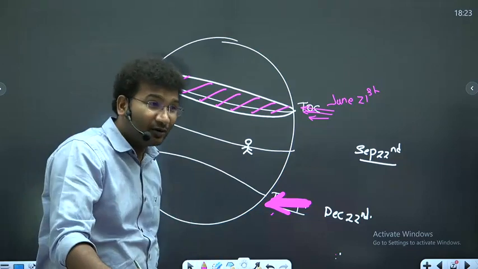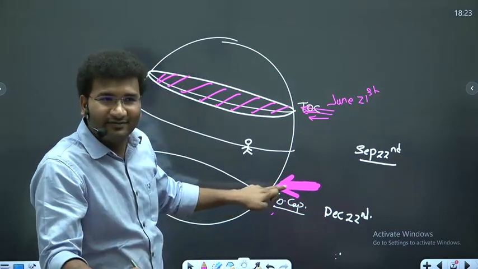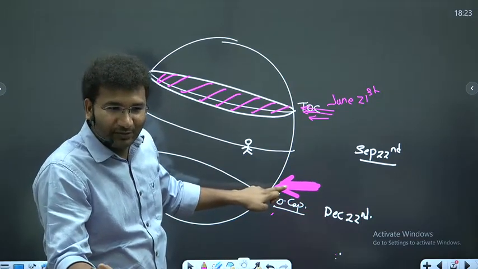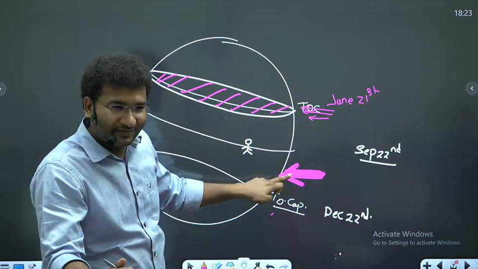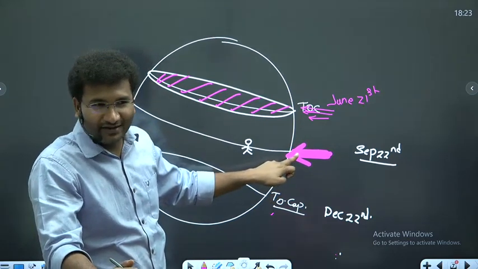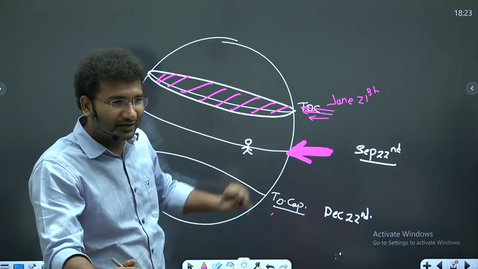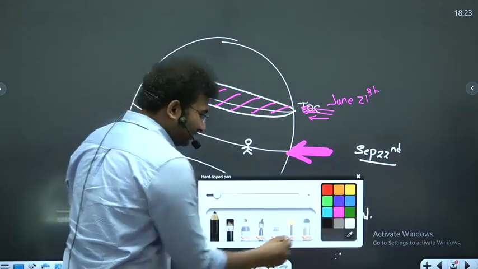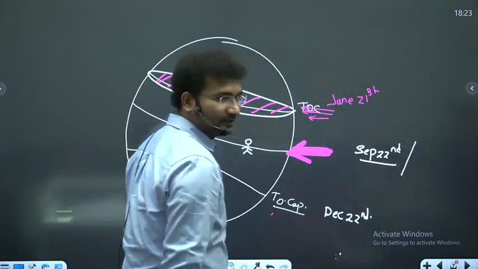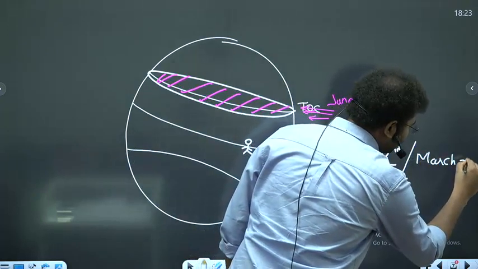Then what will happen in January? Okay. Then February, March, right? Again in March you will get to see the sun rays falling directly on the equator. So the sun rays will fall directly on the equator in the month of September and also in the month of March.